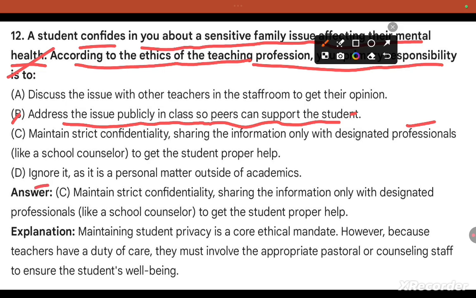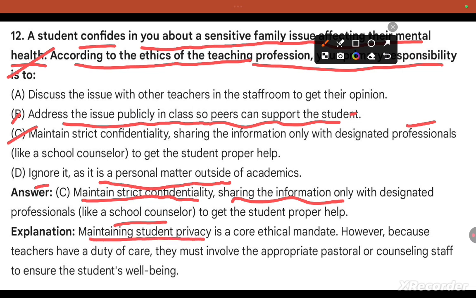D. Ignore it as it is a personal matter outside of academics. So your answer is C. Here is the explanation.